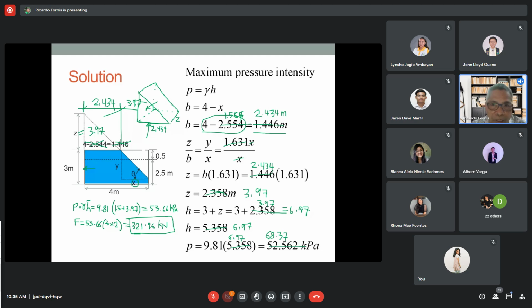The volume is the area of the triangle, 1/2 the base, 2.434, multiplied by the height, 3.97, multiplied by the length, multiplied by the unit weight.